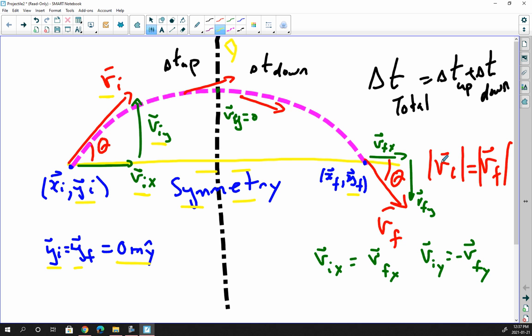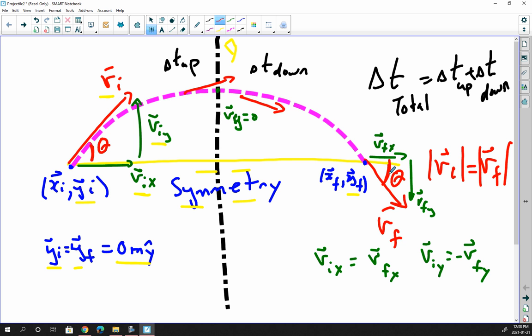the magnitude of that initial velocity will equal the magnitude of this final velocity. There's a symmetry here. And the angle that's above the ground, which we're calling theta, will be the angle below the ground if we want to give a direction to that final velocity.